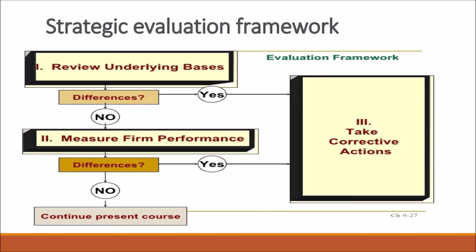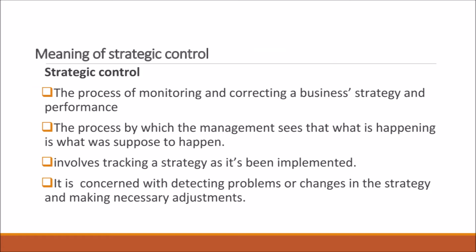So once you are taking corrective action, one thing you need to be doing is to control what is going on so that you avoid deviation as much as possible. So strategic control is the process of monitoring and correcting a business strategy and performance. Also, the process by which management sees that what is happening is what was supposed to happen.